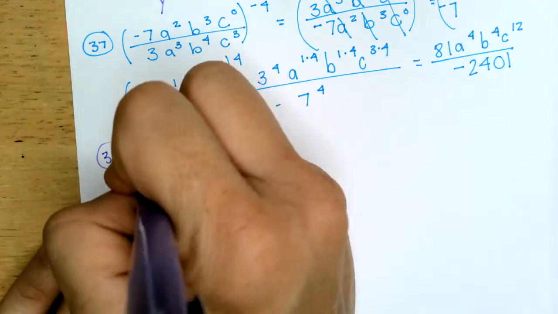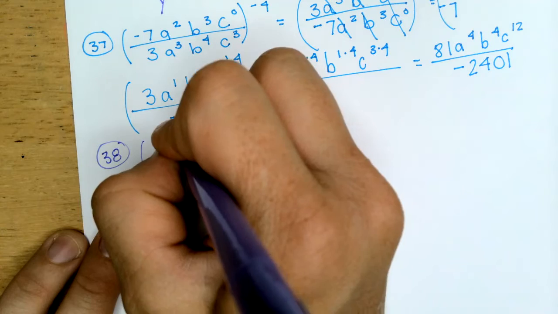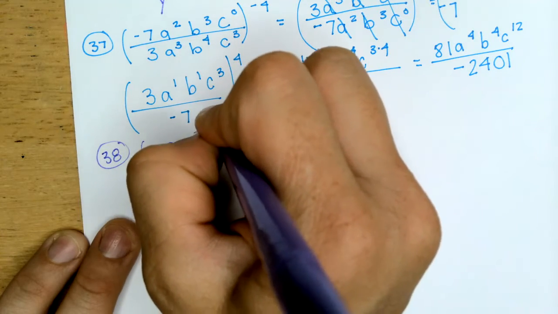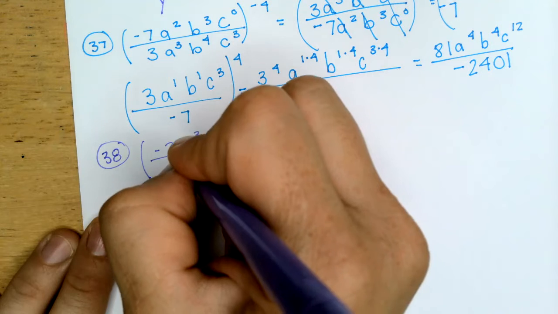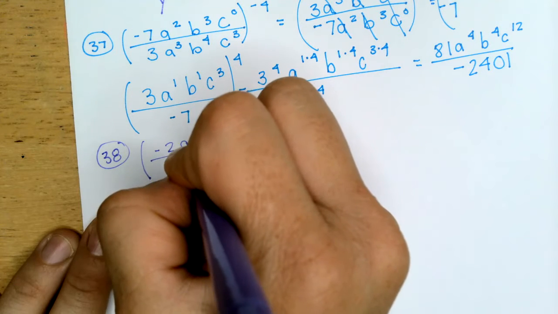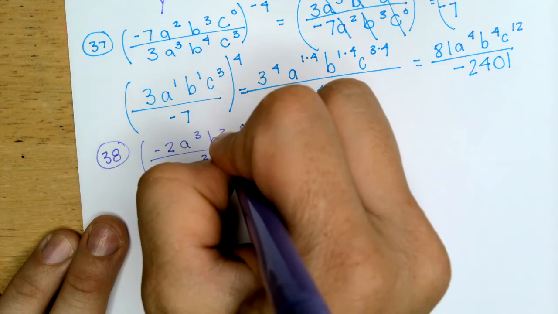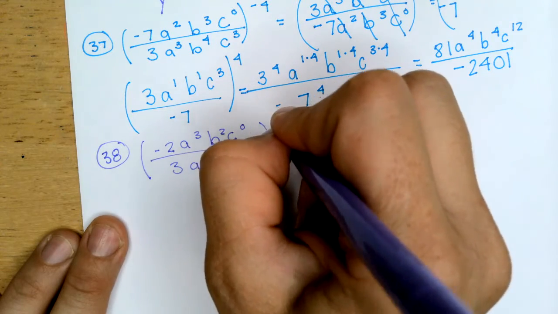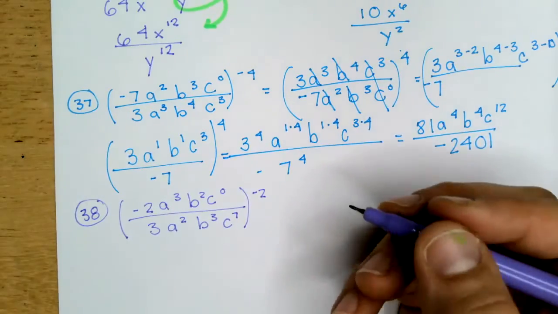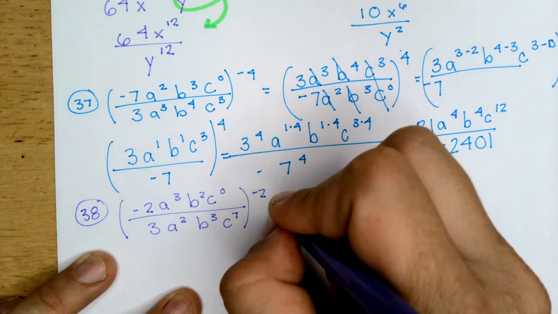We have -2a to the third b squared c 0 over 3a squared b to the third c to the 7th, raised to the -2 power. Again, I'm going to flip them, make that -2 a +2.